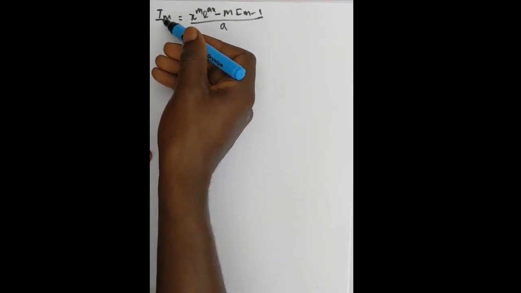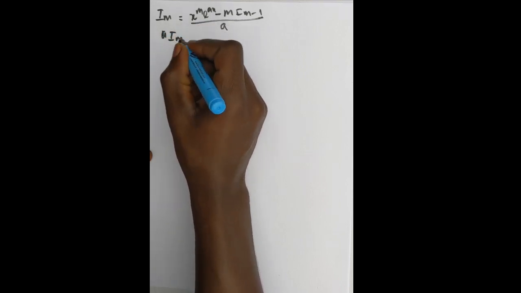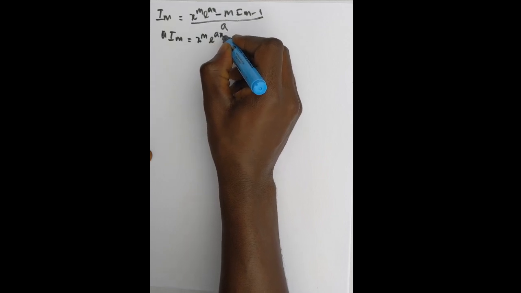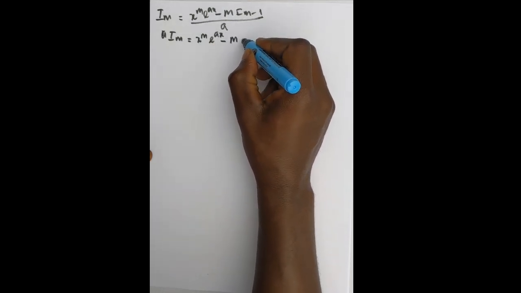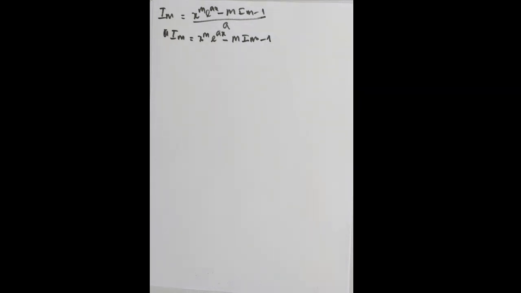I can multiply by a so that I get a Im is equal to x power m e power ax minus m Im-1.